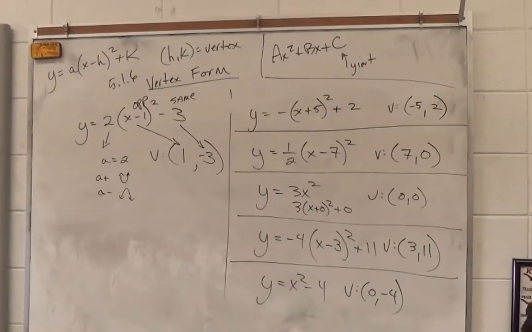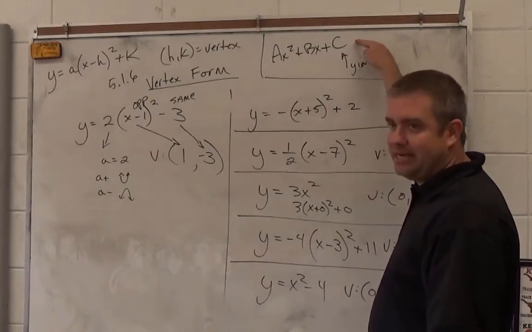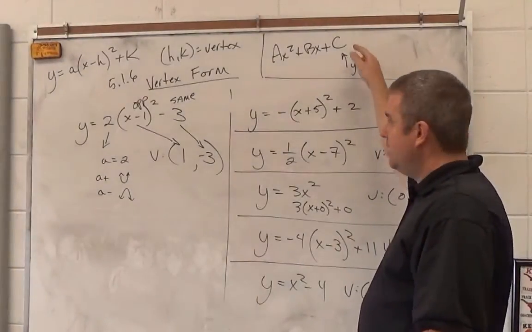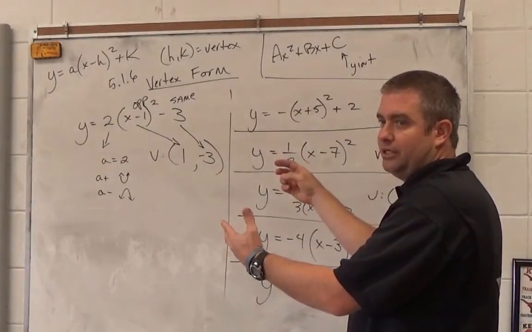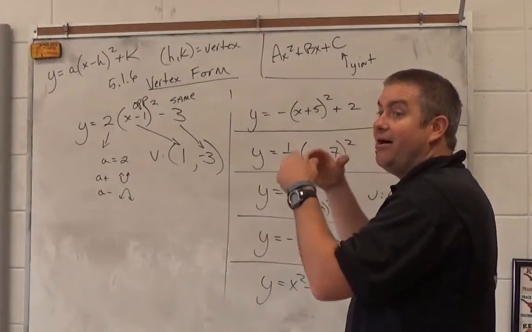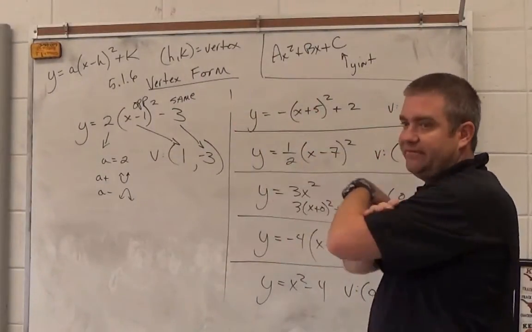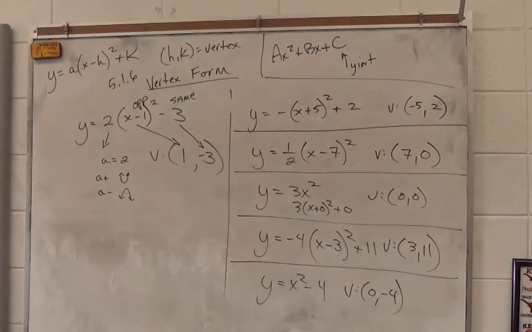If you want another level of detail, you might want to find the y-intercept. In standard form, the y-intercept is right there, staring you in the face; all you have to do is look at c. But in vertex form, it requires a little more work. Does anybody have an idea how we might find the y-intercept if it's in vertex form?